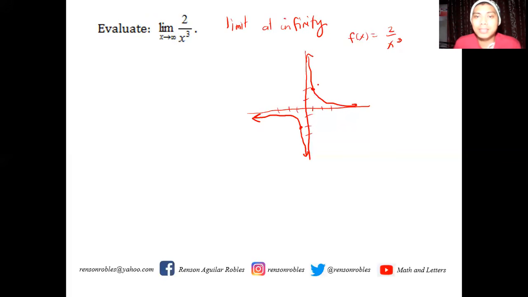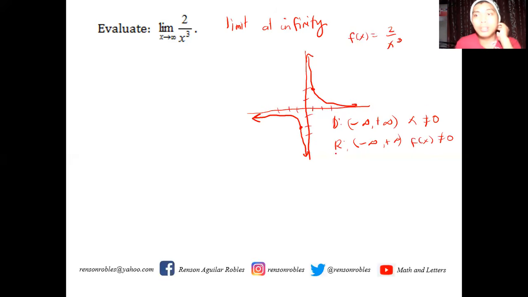So we try to enumerate the characteristics of this function. We know that the domain of this function is the set of real numbers except 0, and that the range of this function is the set of real numbers except 0.